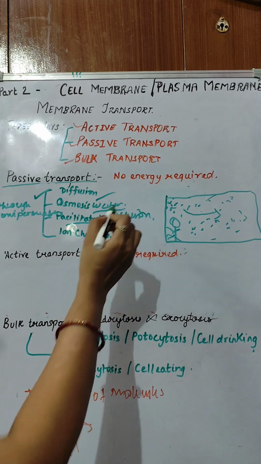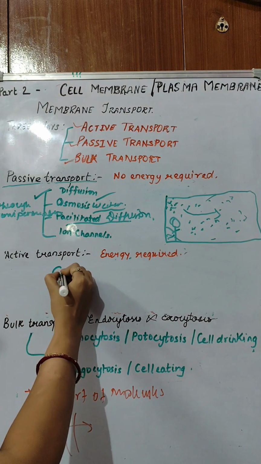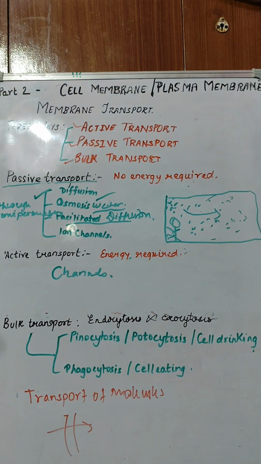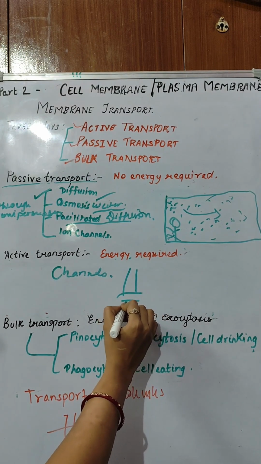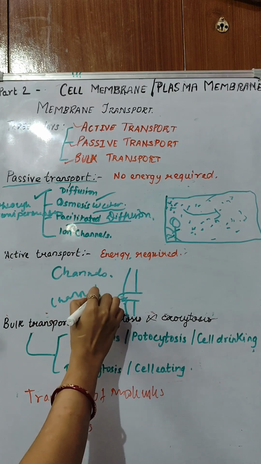Facilitated diffusion is the diffusion of molecules through channels. What is a channel? Channels are small openings. You can see this is a membrane and there is an opening. Now this opening is known as a channel.